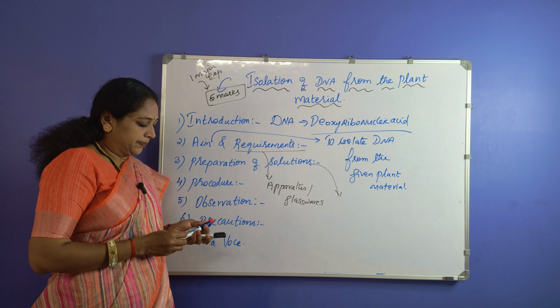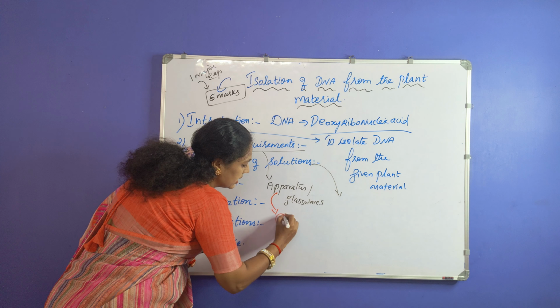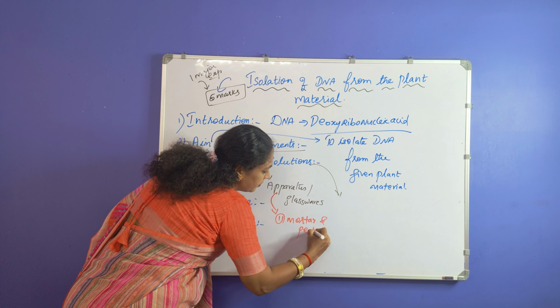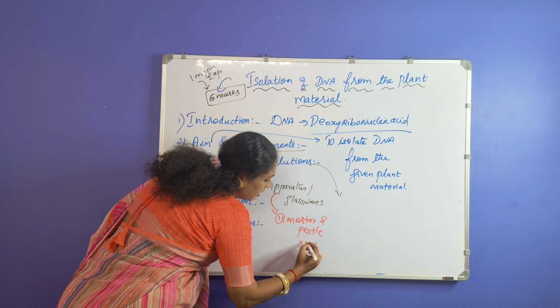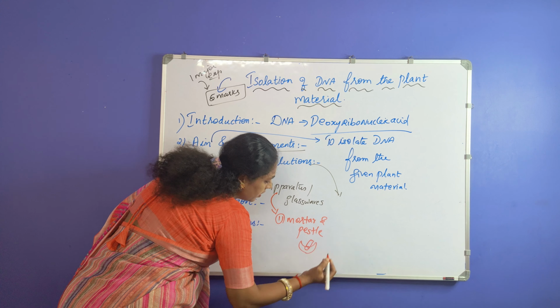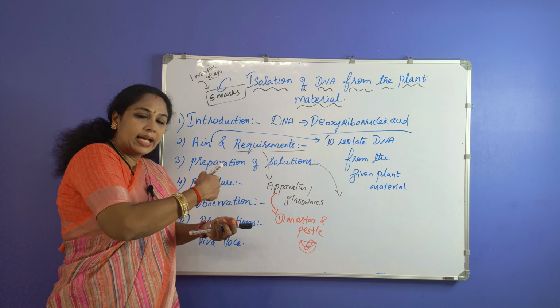Can you guess? The first important apparatus that is required is the mortar and pestle. Like you have a mortar and a pestle ware. So with this you grind it.